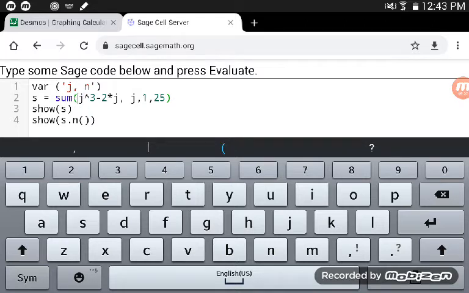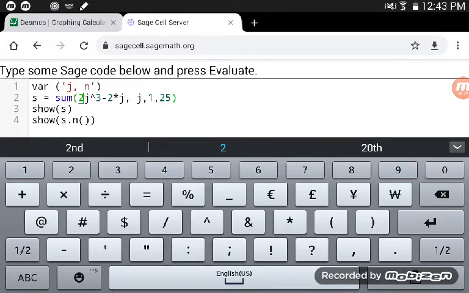It is 2 of these, so there's a 2, and I need my asterisk for this thing. So 2 times j cubed minus 3j. So back that up and get a 3 in there. And now this goes from 1 to n.